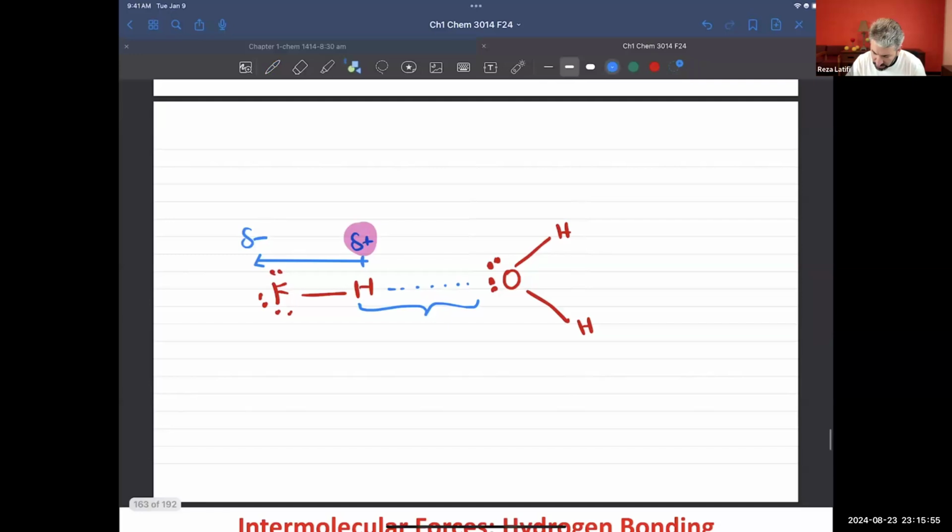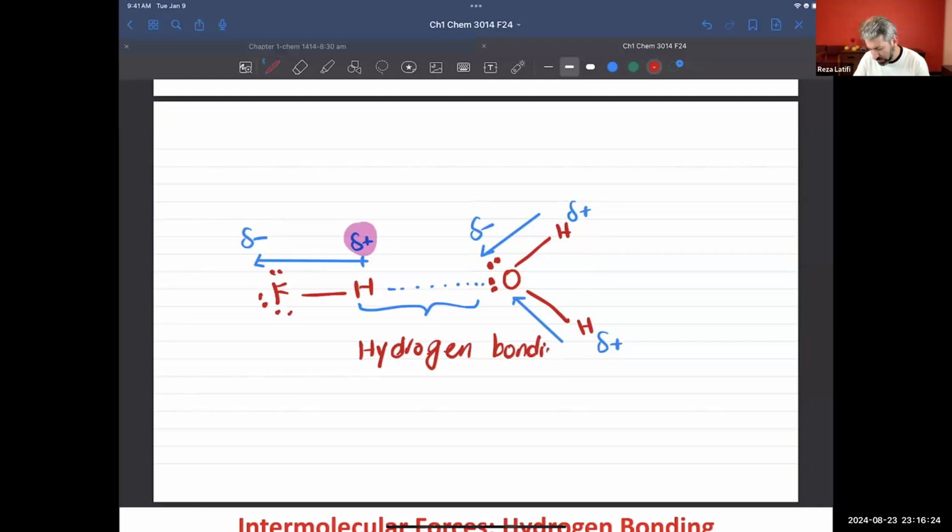Clearly oxygen has negative charge, so we have a negative charge on oxygen and a positive charge on hydrogen. And one of the lone pairs of oxygen will interact with hydrogen, and that interaction we call hydrogen bonding.